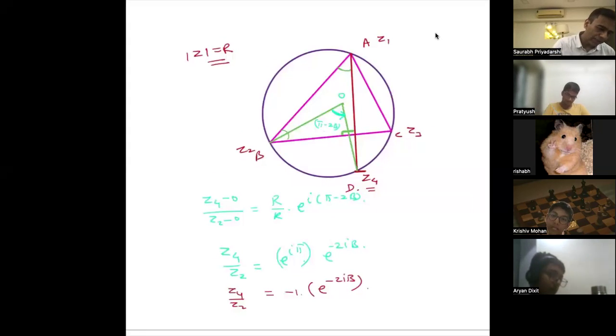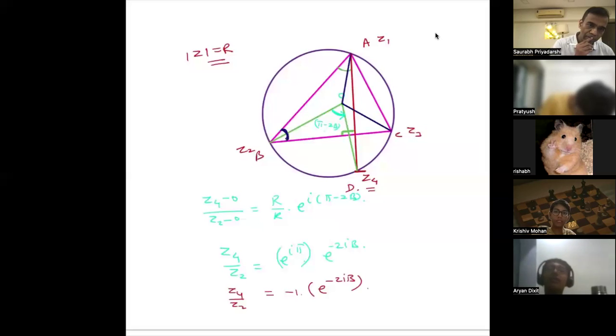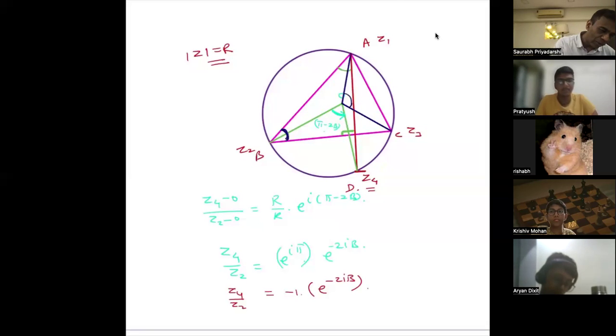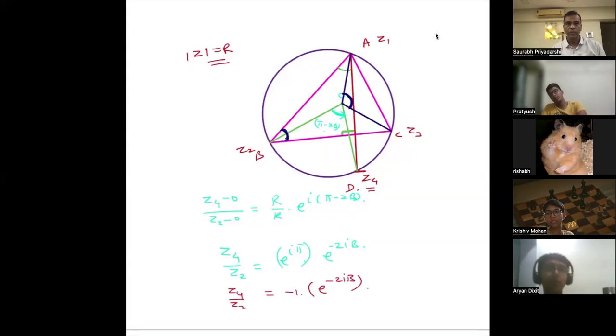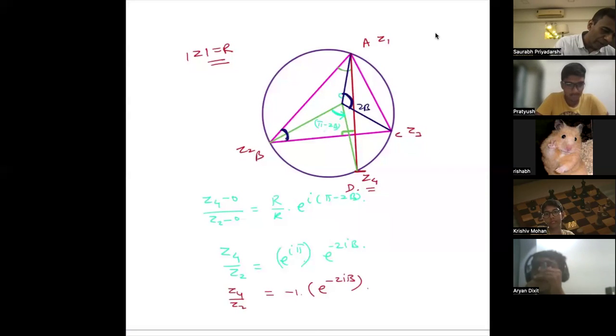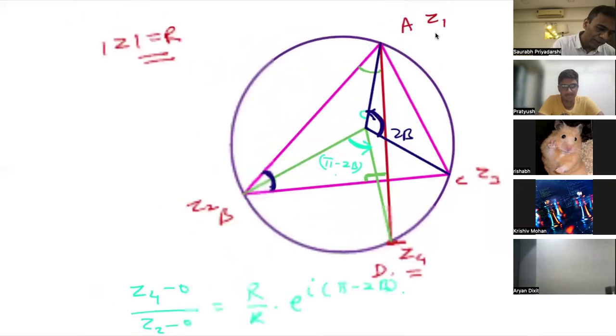See, this angle is B, right? This angle is B. If I join this to C and this A is joining to this. So if this angle is B, what is this angle? 2B. Right? So if I take rotation on this, what do I get? Z1 minus 0 upon Z3 minus 0 is equal to e to the power 2iB. Is this okay?